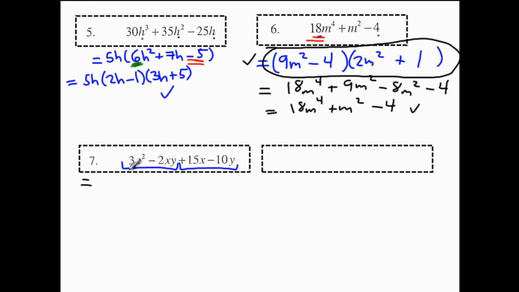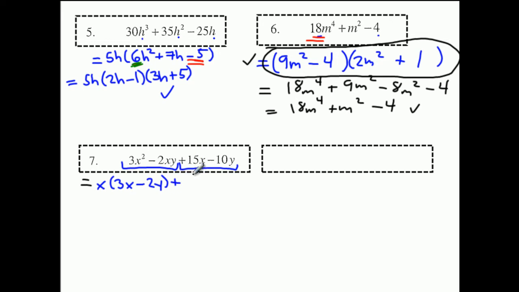So for the first two terms, I can pull out an x, just an x term. I can't pull out a y, so I'm left with 3x minus 2y. So if I distribute this x back, I get 3x squared minus 2xy. So that's good. And from the second pair, looks like I can pull out a 5.